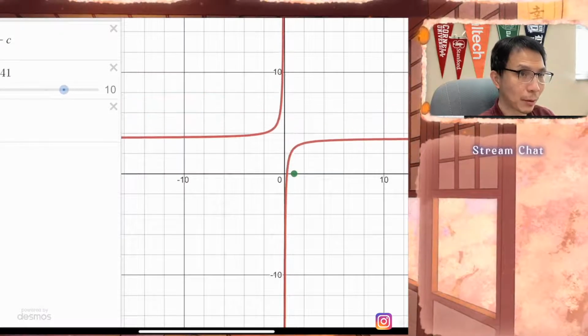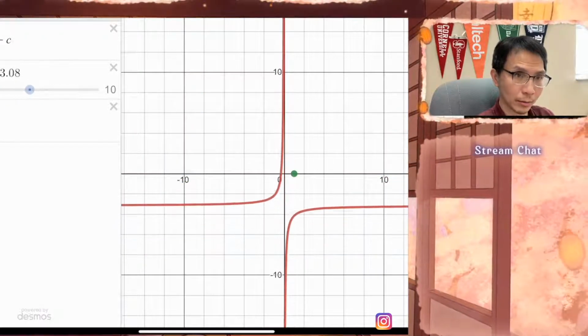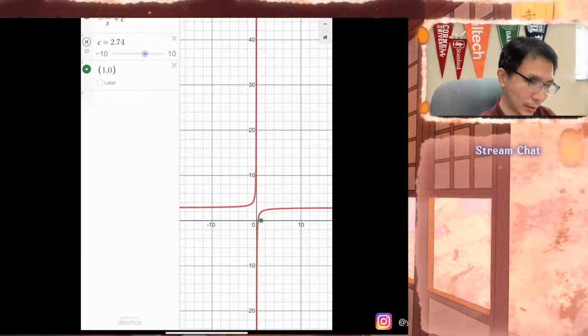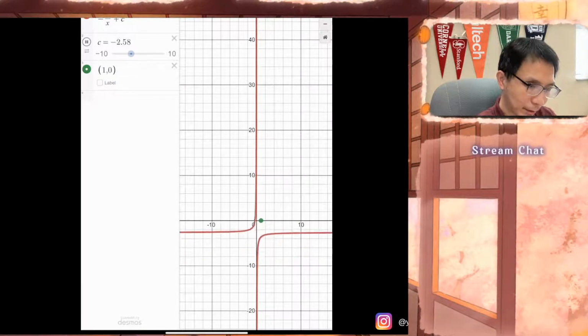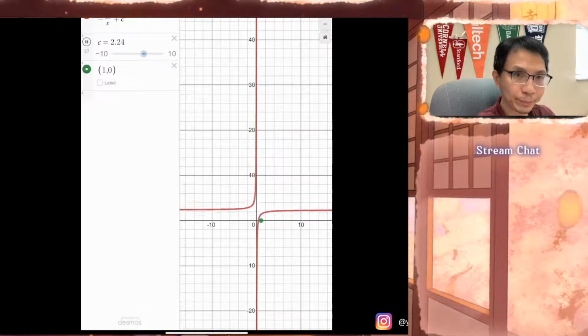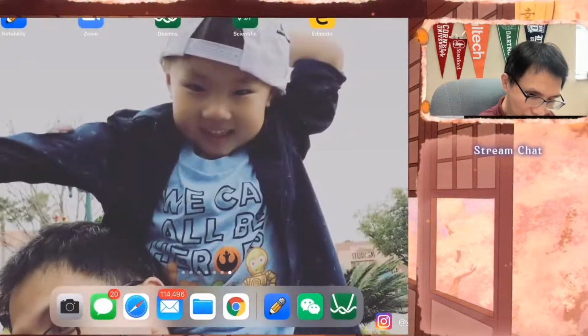And we say, hey, can we find out what the value of c is? That's only one point. So we say, okay, there's got to be a way to do it. Well, it's actually pretty easy.